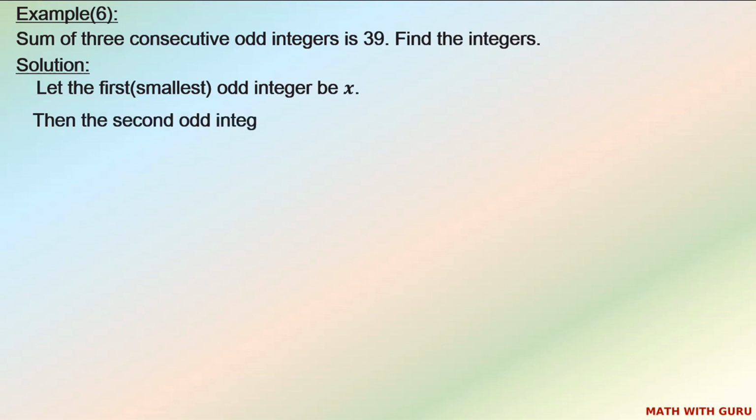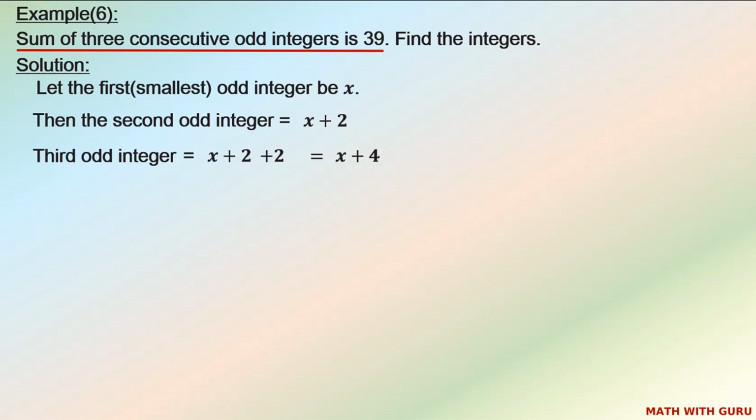The second odd integer equals x plus 2. For the third odd integer, add 2 to the second odd integer, x plus 2 plus 2, which gives us x plus 4. It is given that the sum of three consecutive odd integers is 39.